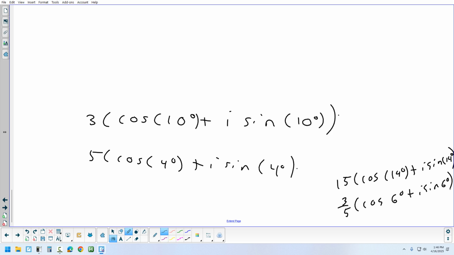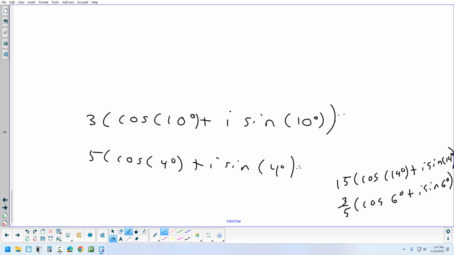That's how quick you can divide two complex numbers if you know how to write them in polar, which now we do. But that would be the next step, which we're not going to get to. So the advantage of this is it makes multiplication and division extremely fast, much faster than the way we learned before. But we didn't know this before, which is why we didn't do it.